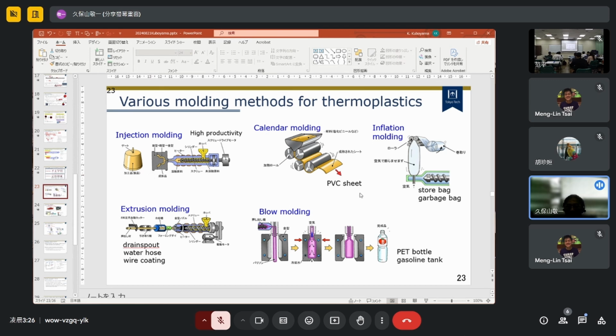And when you make a sheet, you can use calendar molding. And when you make a storage bag or film, you can use inflation molding. And when you make a hose or a pipe, you can use extrusion molding. And when you make a PET bottle or a plastic bottle, blow molding is used.